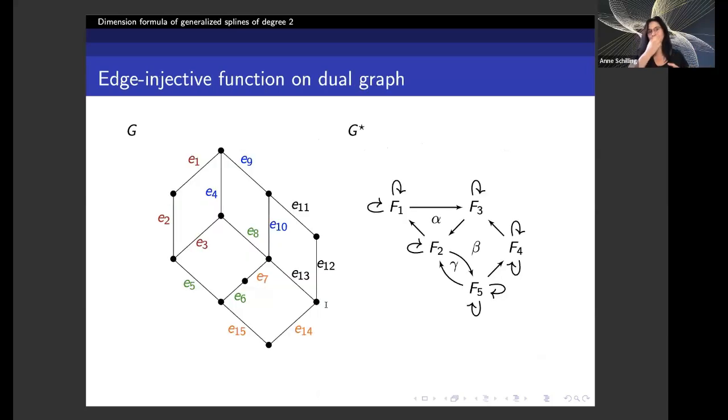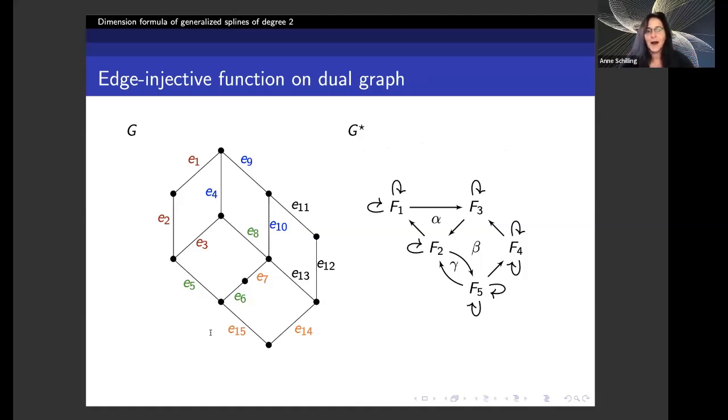Okay, so now let me first talk briefly about the first question, constructing all possible edge injective functions of a graph. And notice here I actually do have two faces that share more than one edge. So this result holds even in that case; just for the generic edge labels we need this extra condition.